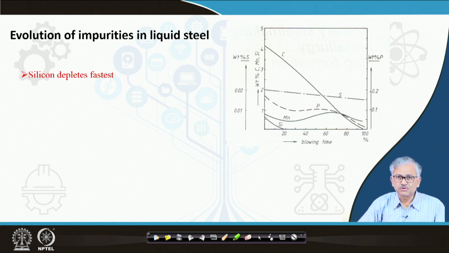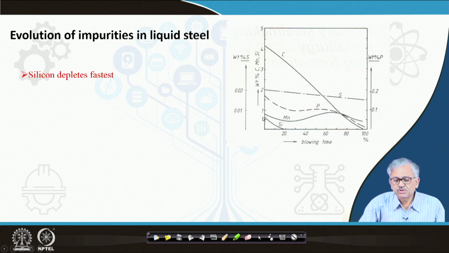By thermodynamic calculation, we have shown that silicon can be reduced to less than 1 ppm in steel under basic steelmaking conditions, but because of kinetic limitation, you can reduce silicon only to around 30 to 50 ppm, that means 0.005 or 0.03. So it is not exactly 0, but silicon can be removed to the maximum extent within the first 20% of the blowing time.